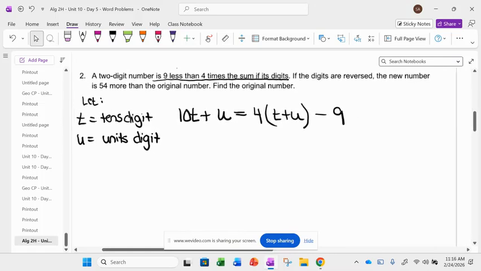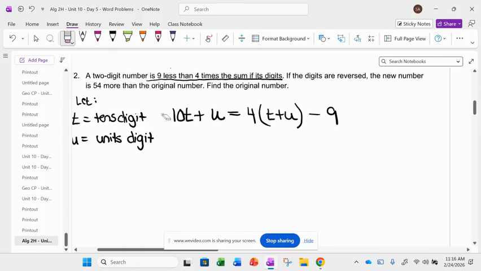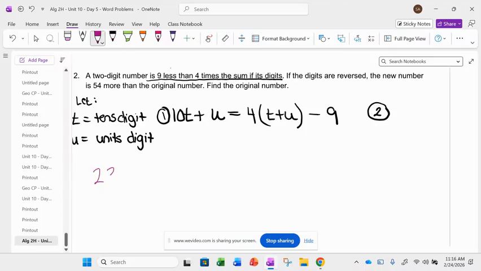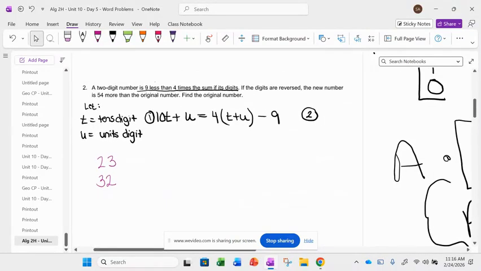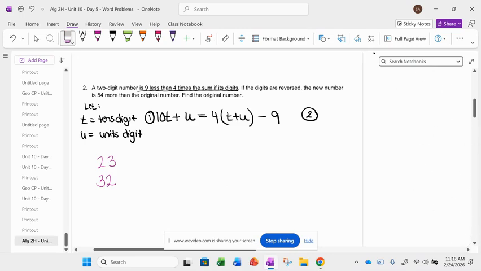Okay, so this is my first equation. Because I have two different variables, how many different equations do I need? Two different equations. All right, the next one. If the digits are reversed, so if my number was 23 and I reversed the digits, what would it be? 32. So what's happening? I'm multiplying the units digit by what? 10.